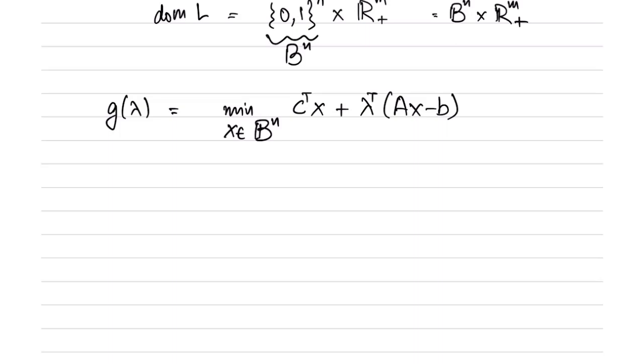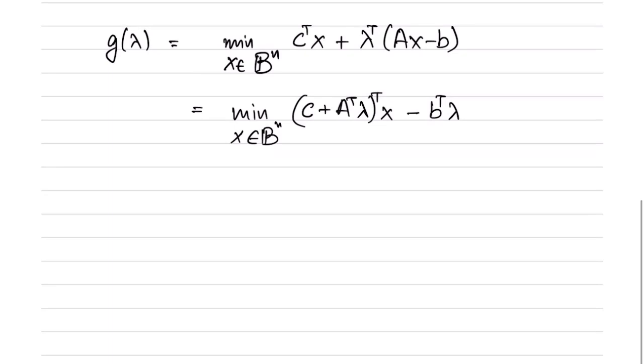So let us write it as minimize over x in B^n of (c plus A transpose lambda) transpose x minus b transpose lambda. I've separated out the terms that depend on x from the terms that are constant with respect to x. Now let us solve this subproblem.